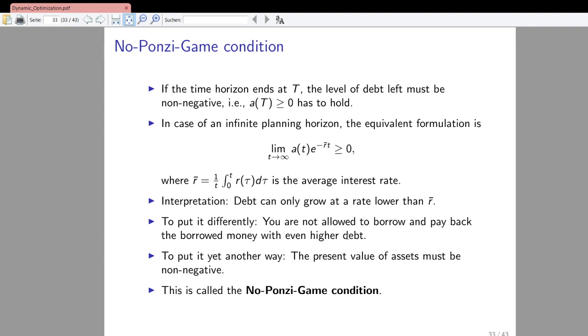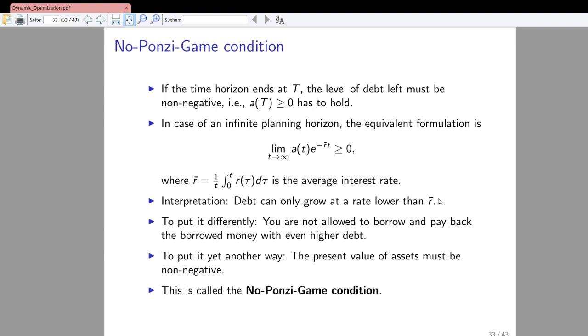So that's the average interest rate. So one interpretation is that A can only grow at a rate that is lower than the average interest rate. So in this case, households would basically pay back debt if they have debt and do not accumulate even more debt.